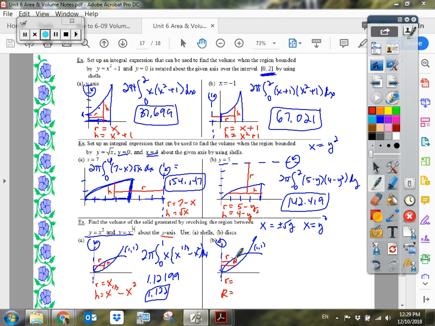This is the x to the 1/3, which is y cubed, y cubed minus 0. So little r is just y cubed. Big R is this distance from the y-axis out here, and that's just square root of y.